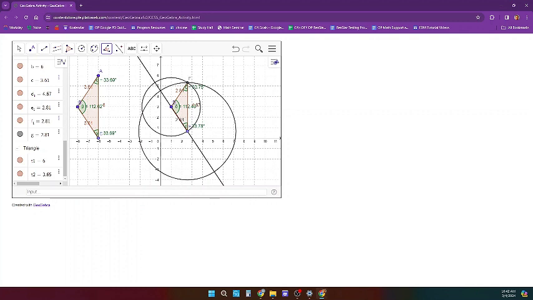And in part E, it says, using the results, draw a conclusion about the relationship between the two triangles. So our conclusion is that if we have three corresponding sides, so the three sides of the triangle correspond to one another, the angles are going to be equal.